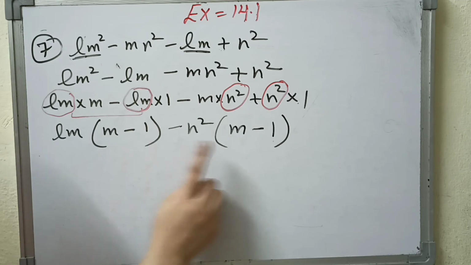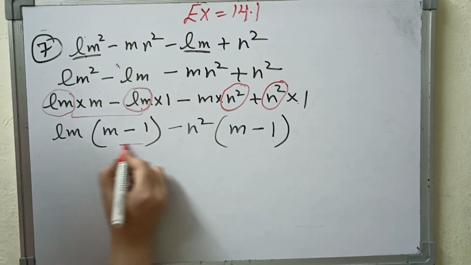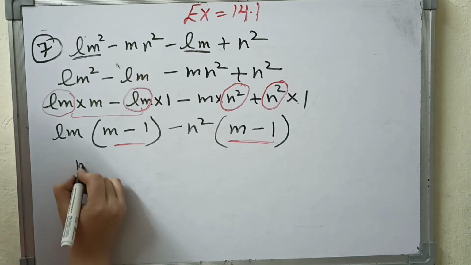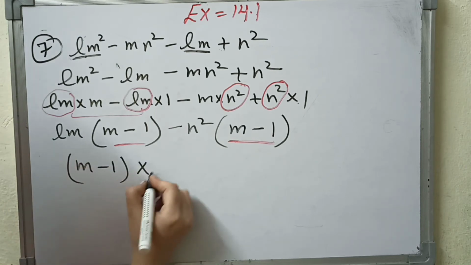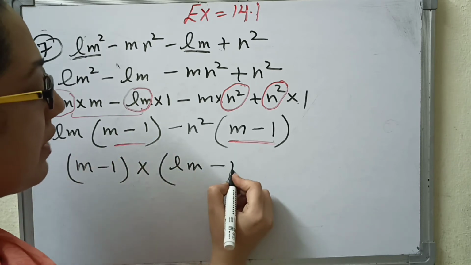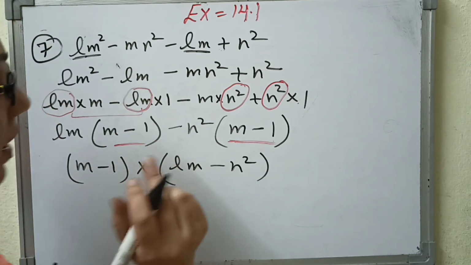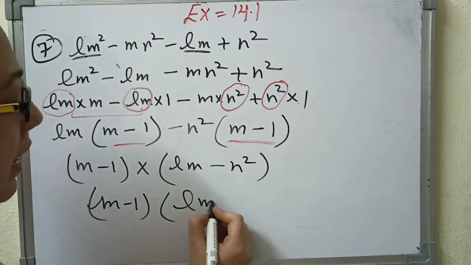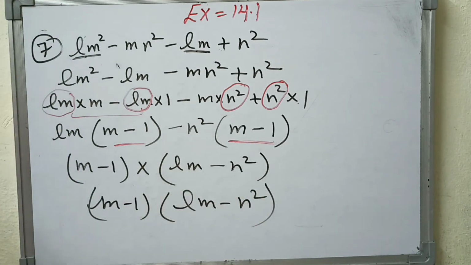Again, in these two terms m minus 1 is common, so it can be written as m minus 1 into, lm is left from the first term and n square is left in the second term, so we write it in the bracket. So the answer is m minus 1 times lm minus n square.